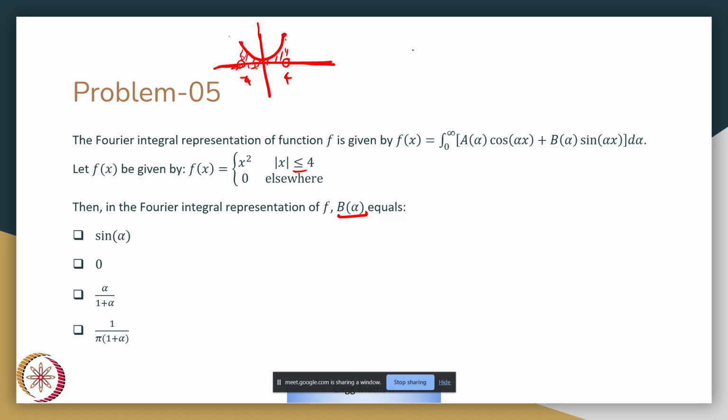Thereby we use the formula that we know for b of alpha equaling 1 by pi integral minus infinity to infinity f of u sine of alpha u du.